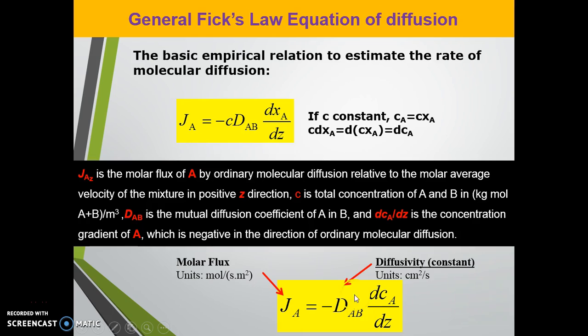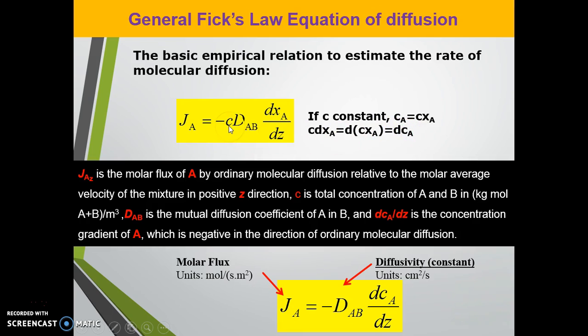So we have two kinds of equation. Whenever C is constant, we can reduce this equation to this equation. If C is constant, CA is equal to C XA. If we want to replace this into Fick's law, we differentiate C XA with respect to Z, and then in C dXA, we take C out from C XA and differentiate with respect to Z. So we know that d(C XA) is equal to dCA.